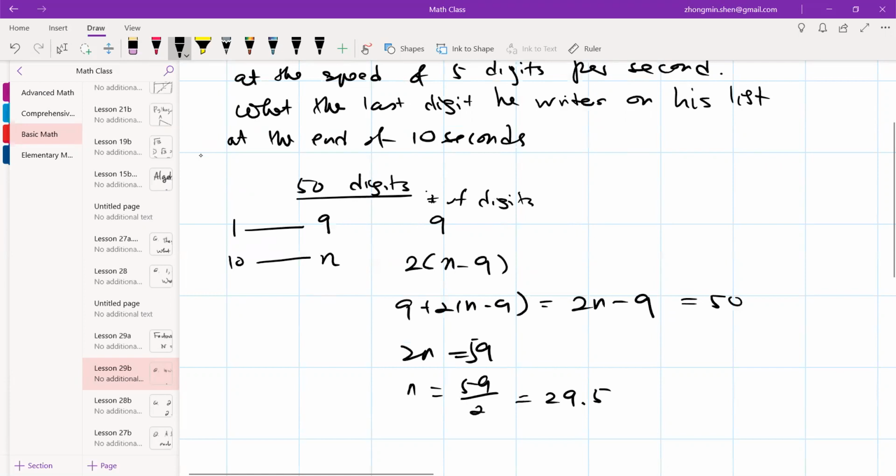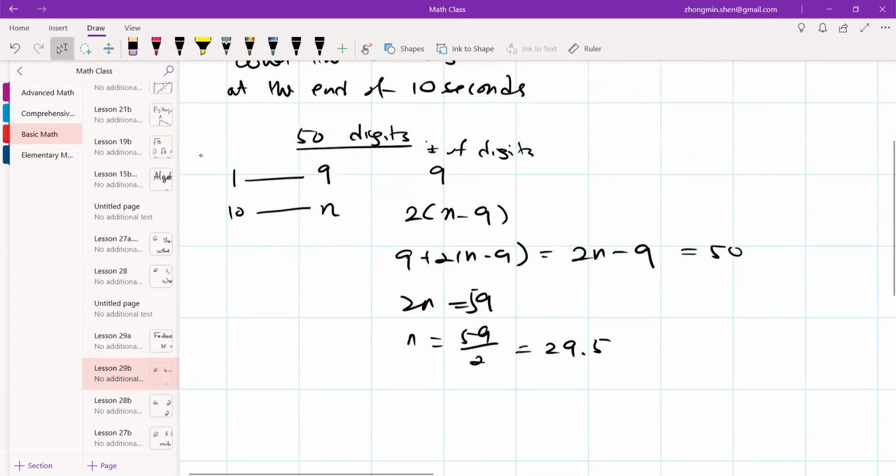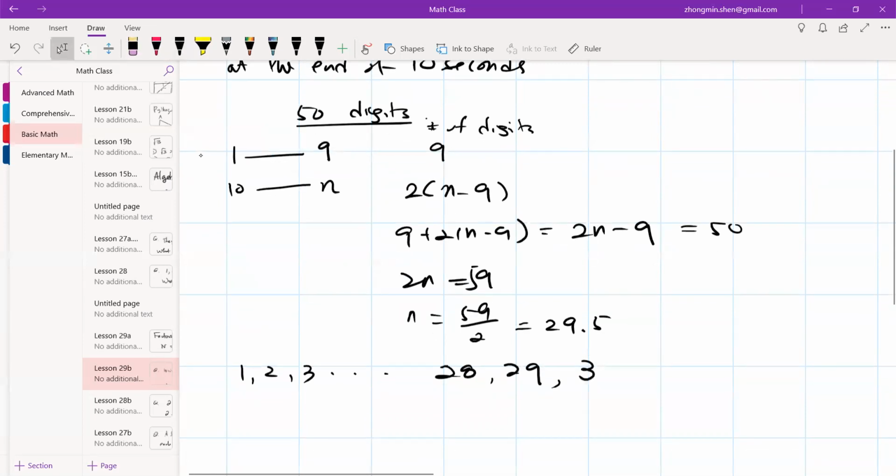So what does that mean? That means you cannot finish the last 2-digit integer. Okay? So what they did is, you write down 1, 2, 3, all the way to 28, then 29, then at the moment when you write 30, you stop there. So you stop here, 29.5, okay?